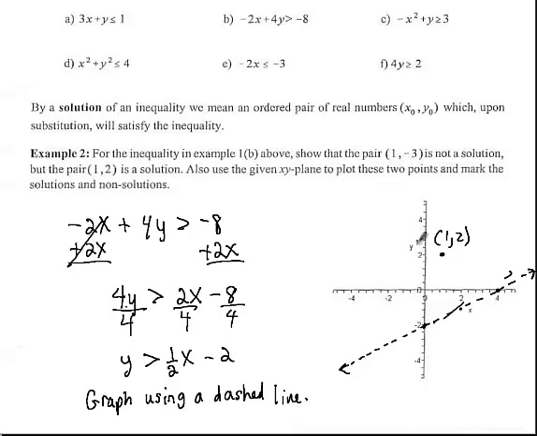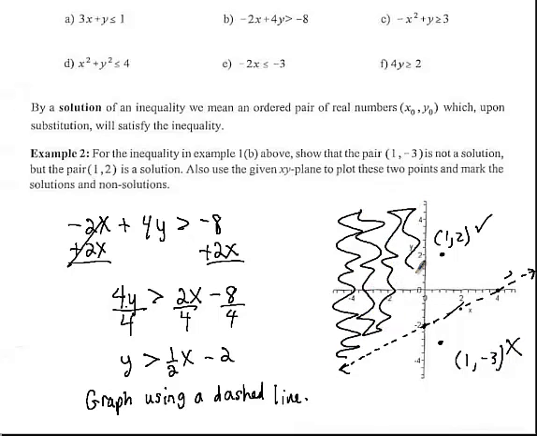The other one that we tested was 1 and -3, which would be located right about there. So we have a positive y, and then we have a negative y along x equal 1. This one worked and this one didn't, and so that alone should tell you that the upper part above our dashed line is the area that we want to shade.